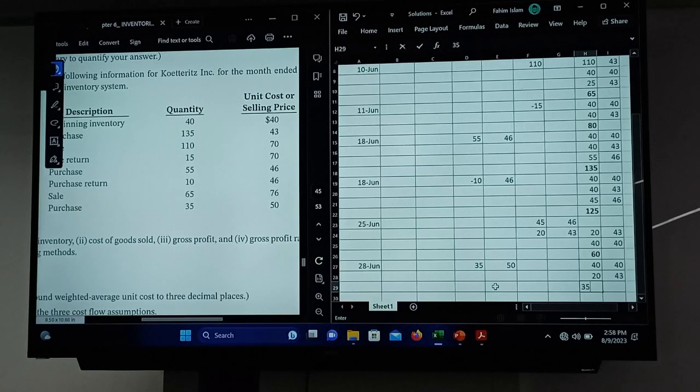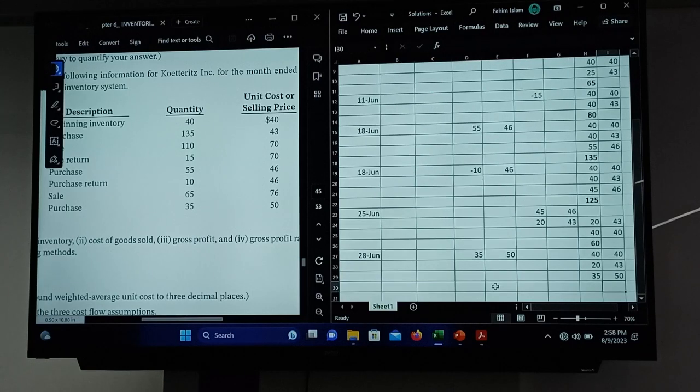And 35 at 50. So the total amount will be 95 units at hand. Now this is the ending inventory, the actual physical count of ending inventory. Physical count of ending inventory is 95.